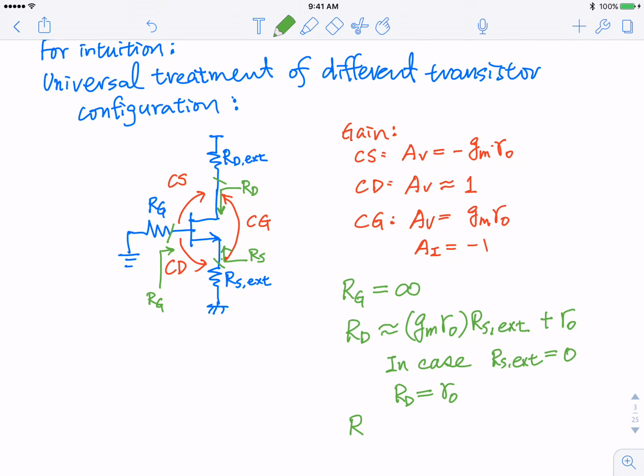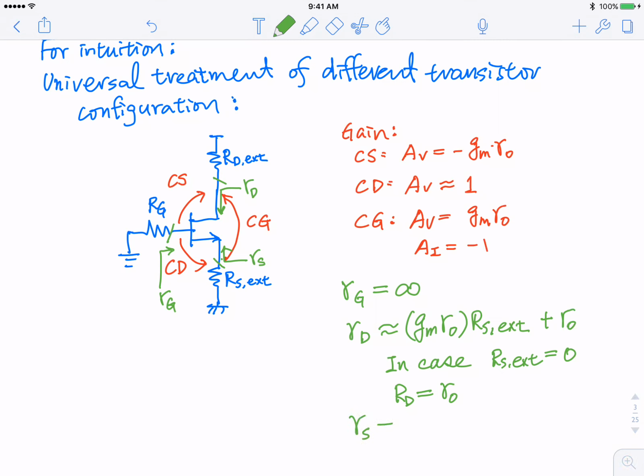Maybe I should change the symbol to small r, so there's no confusion with the external one. So I'll call this RG, I'll call this RD, I'll call this RS, and I'll change these symbols also. So RG, RD, and RS now.